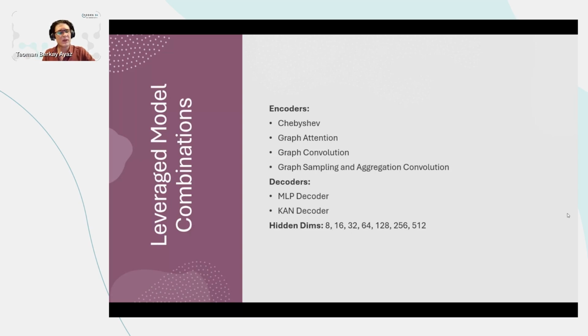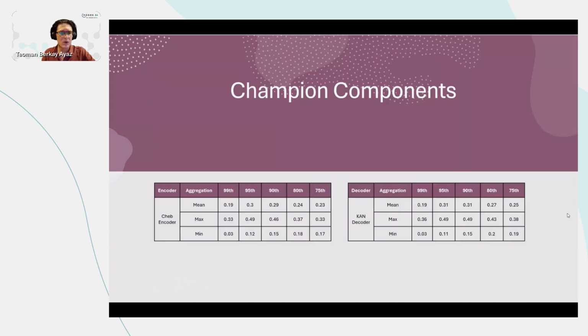So the decoders, once again, we used an MLP-based and a CON-based decoder with hidden dimension size ranging from 8 to 512. So we actually picked two champion components here. Throughout the encoders, the Chebyshev convolution-based encoder showed the highest performance in trace level with an F1 score of 0.49 at the 95th percentile point.